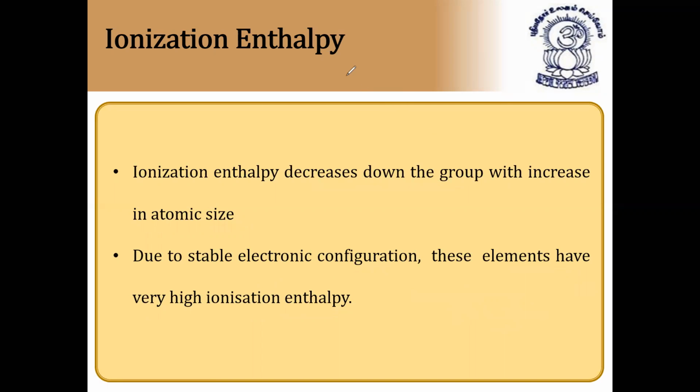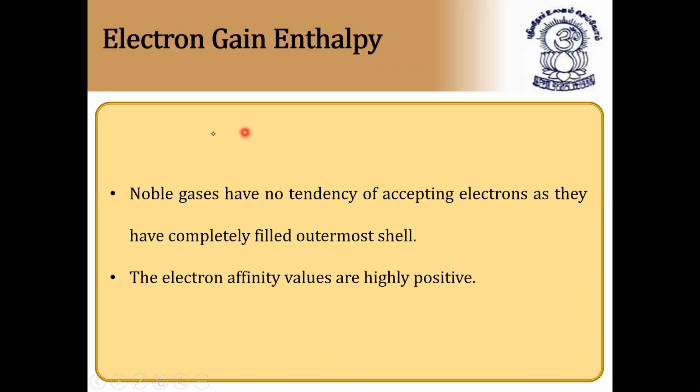Next, continuation. Electron gain enthalpy. Noble gases have no tendency towards electrons because they're already stable. So they have no tendency of accepting electrons as they have completely filled outermost shell.